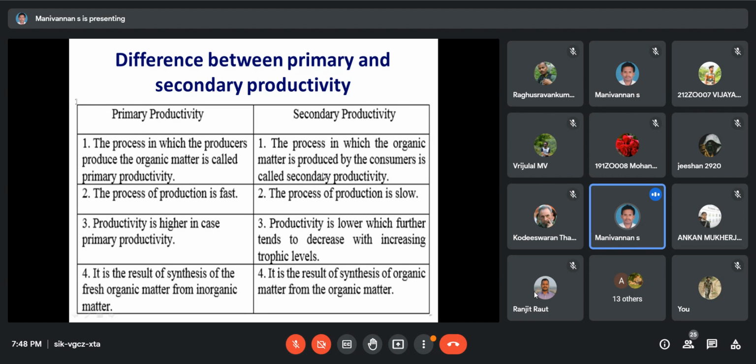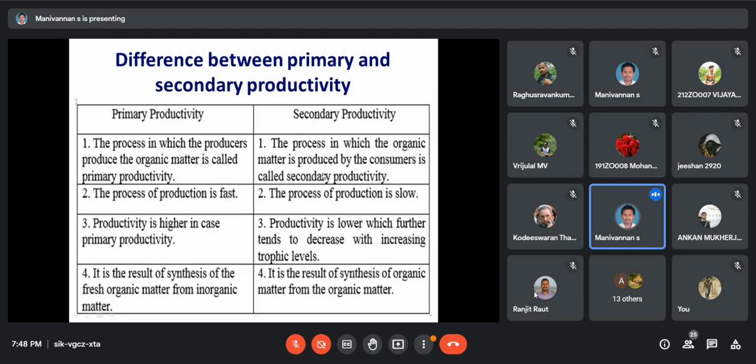Next point, the primary productivity process is very fast, and the secondary productivity process is very slow. Okay. Third point, the primary productivity is higher.